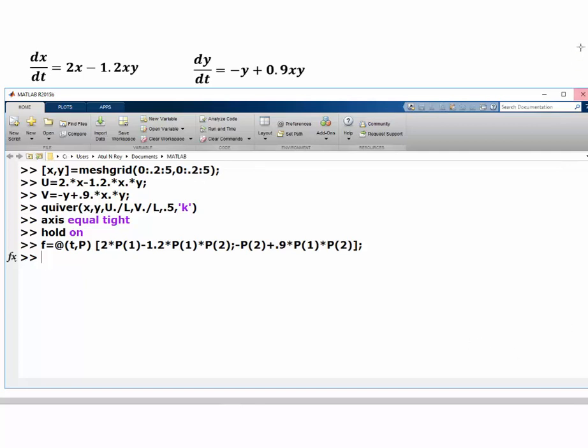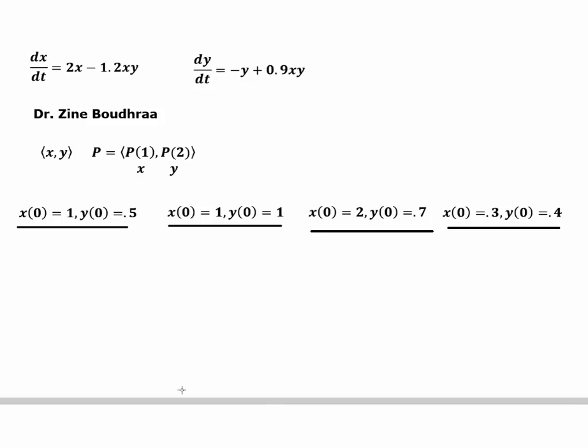Now let us draw four curves passing through these initial points, or satisfying these initial conditions. In the MATLAB command window, we will define two notations, A and B, by writing the initial values of x for A and those of y for B. So let's pull up our command window.